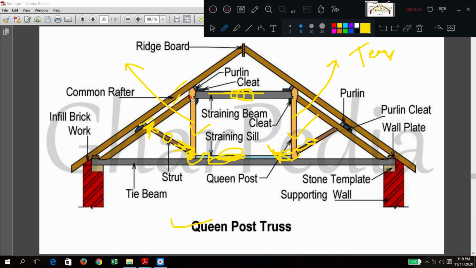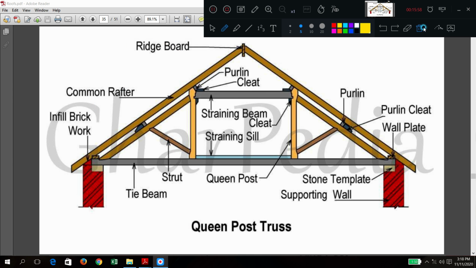Okay, so here the principal rafter is in compression, the queen post is in tension. Can you remember these terms? This principal rafter is in compression. The straining beam is also in compression, but the queen post is in tension.